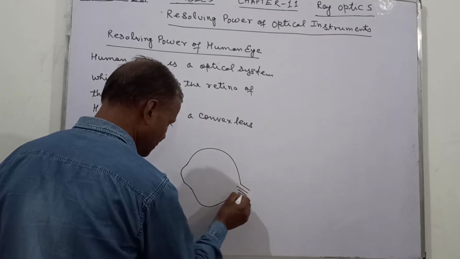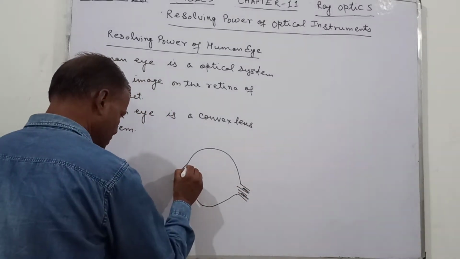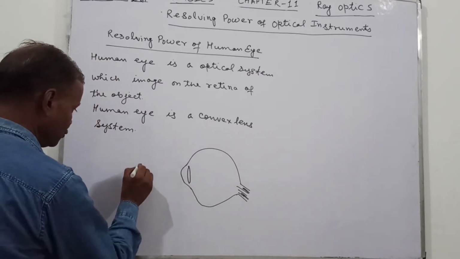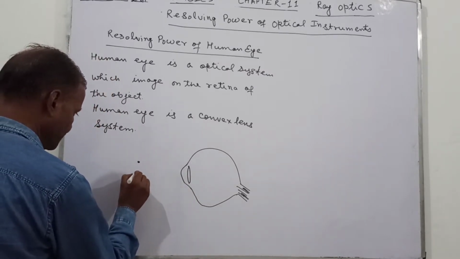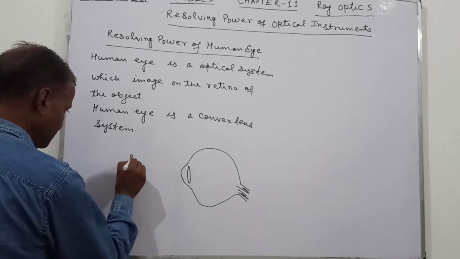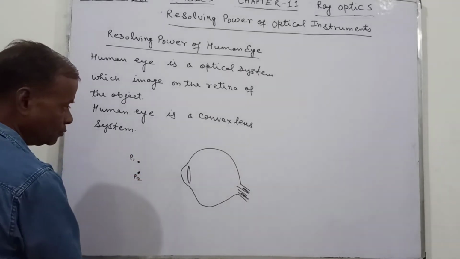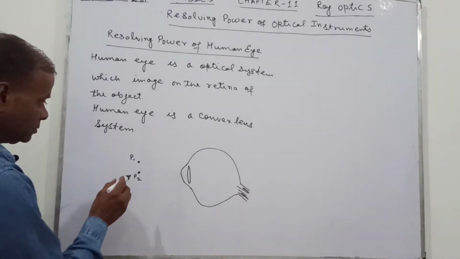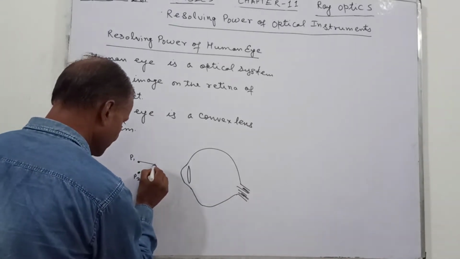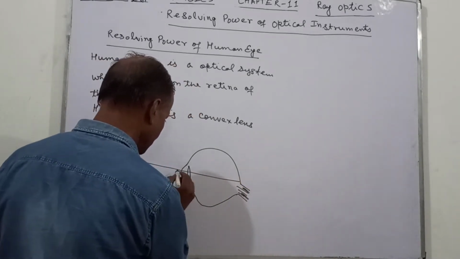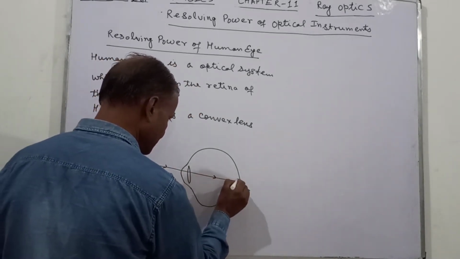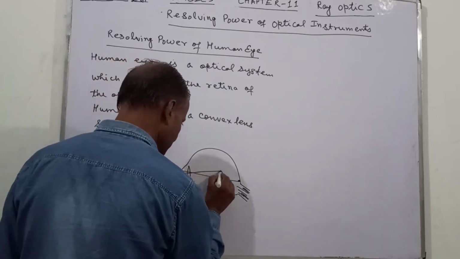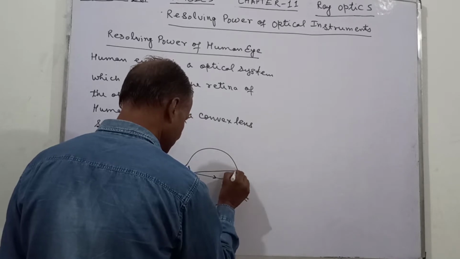This is the optic nerve. This is the lens. Suppose there are two objects here, this is P1 and this is P2. So the image forms here, and another image like this.